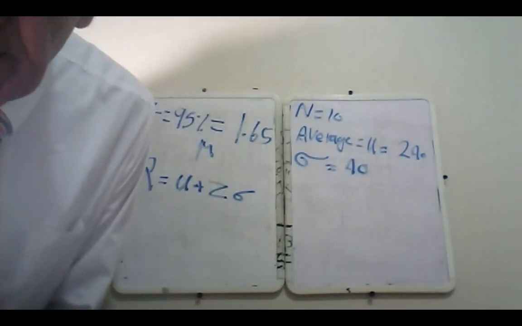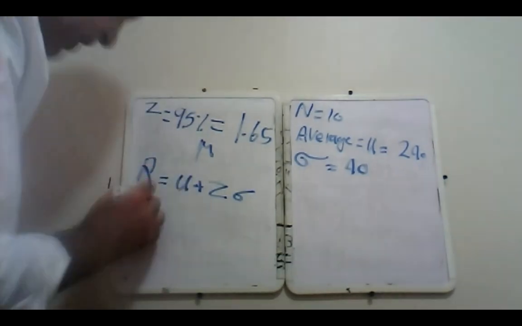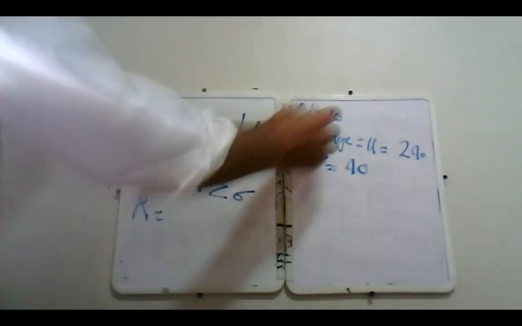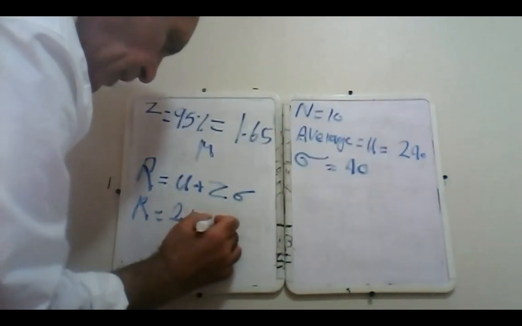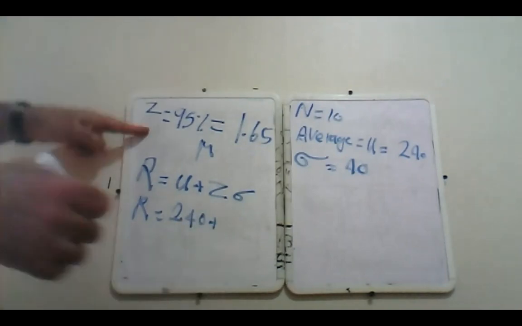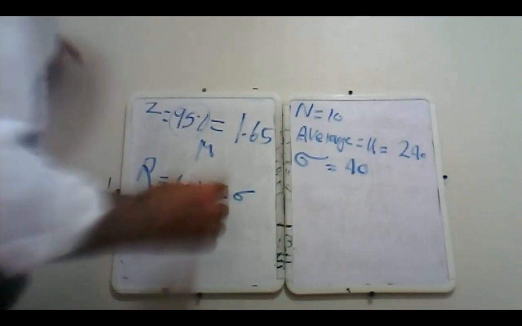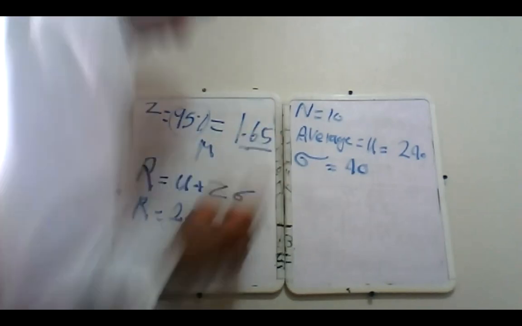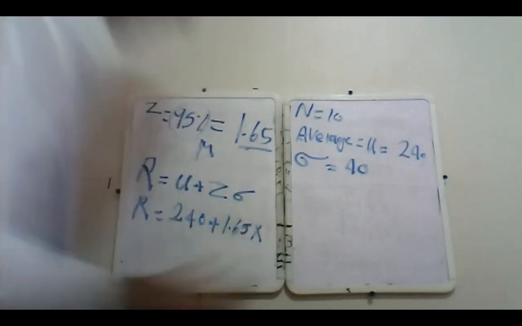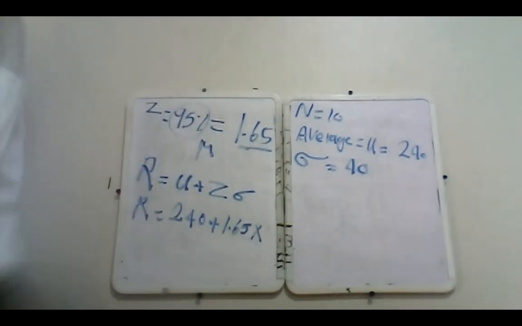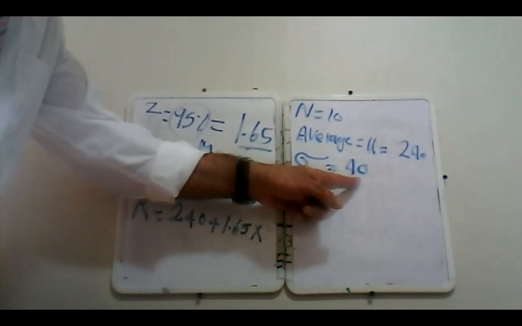So R equals mu, the average, which is 240 tons, plus Z, the table value of 95% that we know from the example, which is 1.65, multiplied by sigma, the standard deviation, which is 40.